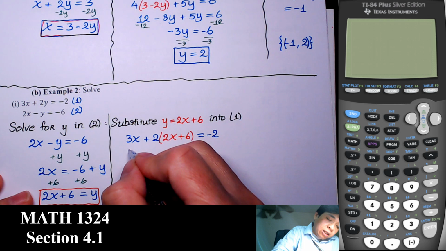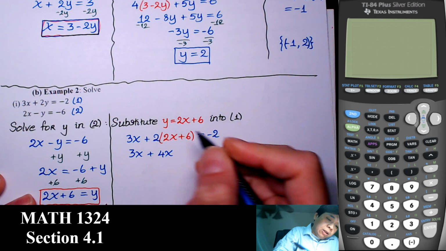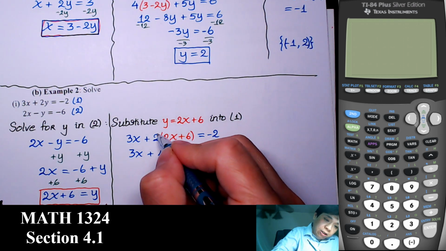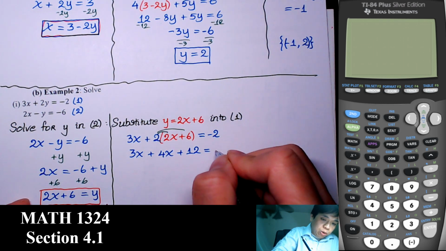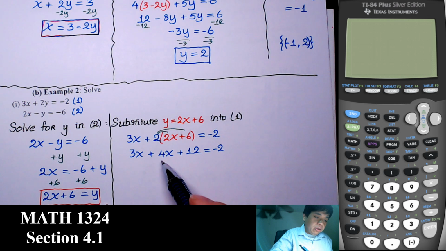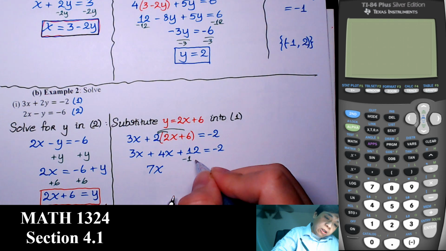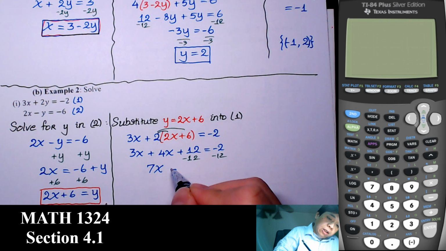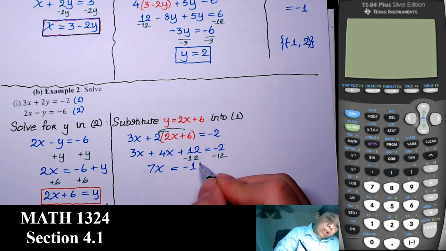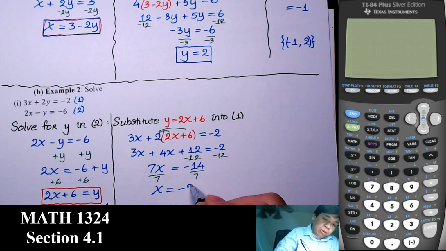So that gives us 3x plus 4x, and we multiply it out, plus 12 equal to -2. 3x plus 4x, that's 7x, and we minus 12 on both sides. So that gives us -14, and divide by 7. So x equal to -2.